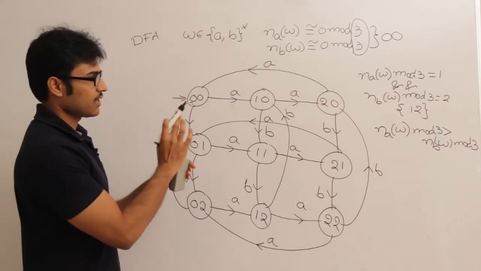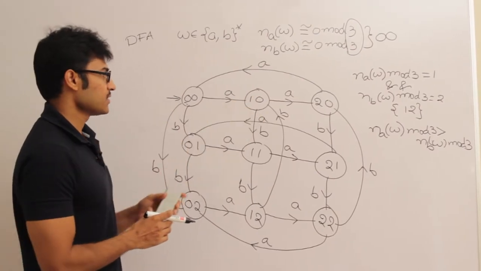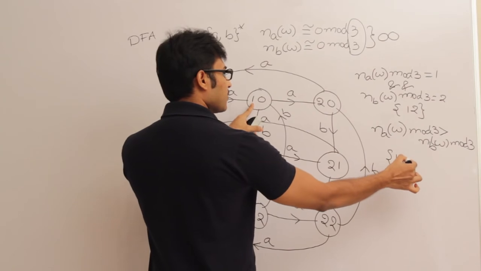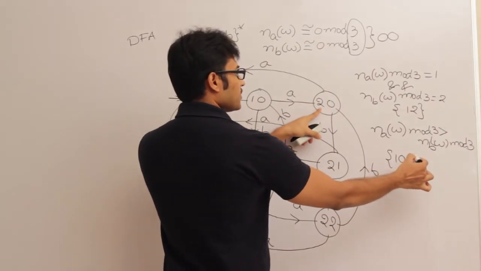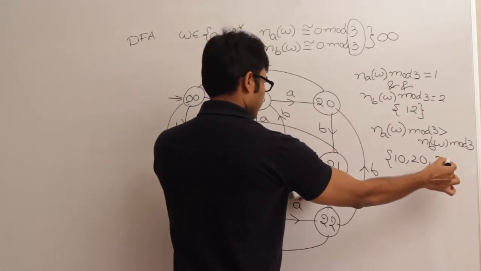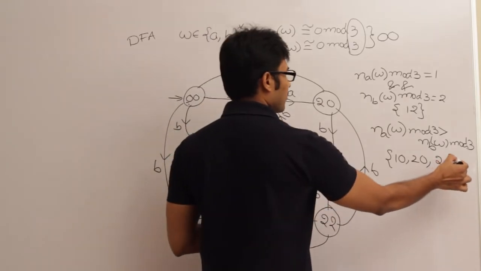The first one is the number of A's, the second one is the number of B's. Let us check all the states in which the first number is greater than the second number. One state is 1 0, because the number of A's is greater than the number of B's mod 3. Another is 2 0, and another is 2 1. So these are the only states where the number of A's is greater than the number of B's.